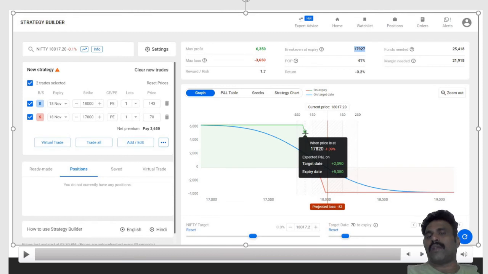This strategy says if you stay till the expiry and the market is below 17,927, then you are going to get a maximum profit of 6,350 and the loss is limited to only 3,650. It's a very good strategy if you feel that the market is going down, that is bearish, and the probability of profit over here is 41%.